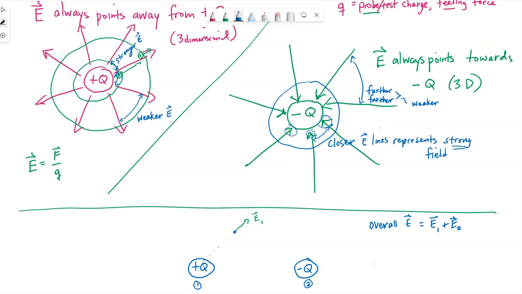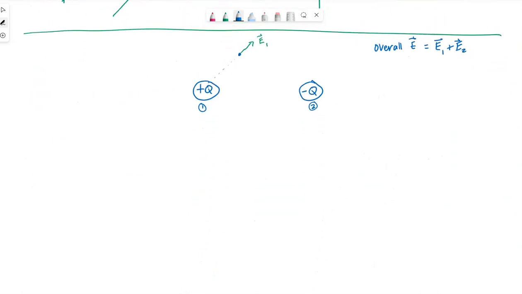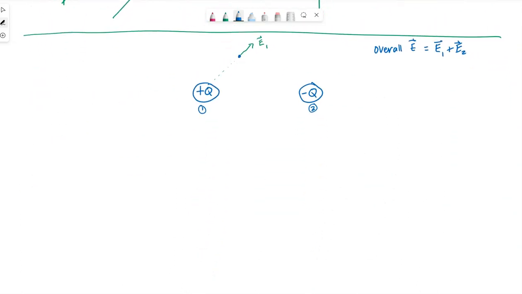Now, the reason I mention that is this distance that I've drawn to this point in space, R1, is less than the distance from this negative charge, R2. The farther away I get from a point charge, the weaker the force on a test charge would be.